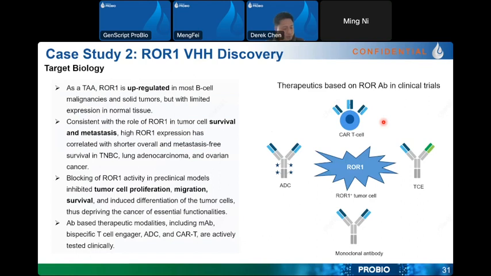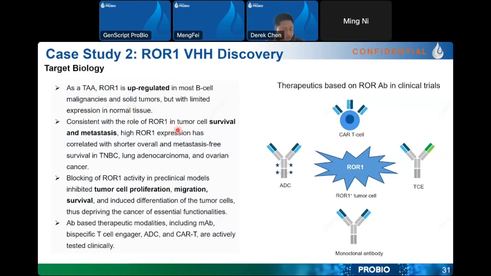The second study is a VHH CAR discovery against RR1. RR1 is a typical tumor-associated antigen, or TAA. It is upregulated in most B-cell malignancies and solid tumors, but with limited expression in healthy tissue.